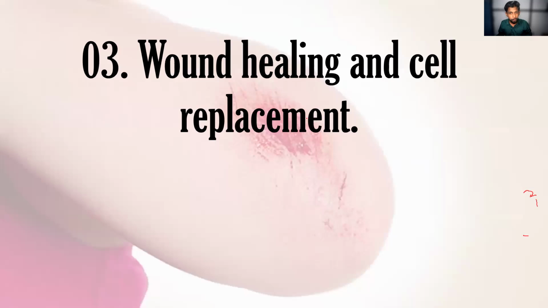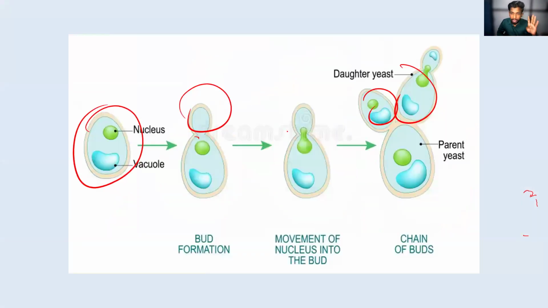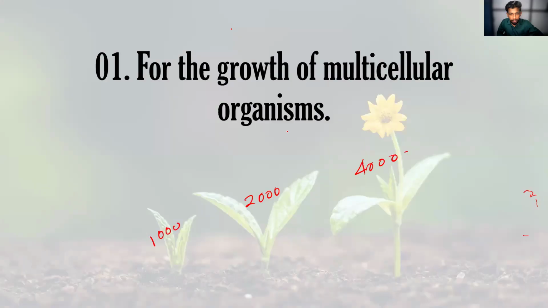And the next one, wound healing. You may have a wound in your hand, right? Automatically the wound will be healed, as new cells will be formed. How does that happen? Because these cells will undergo mitosis, will copy the cells, and the wound will be healed. So there are three importances: wound healing, asexual reproduction, and growth.